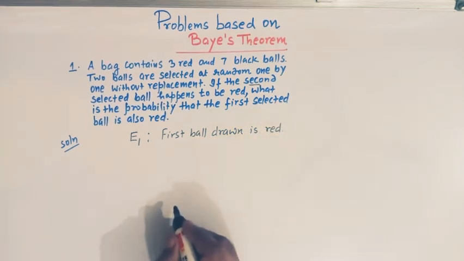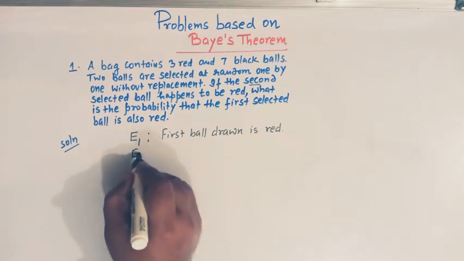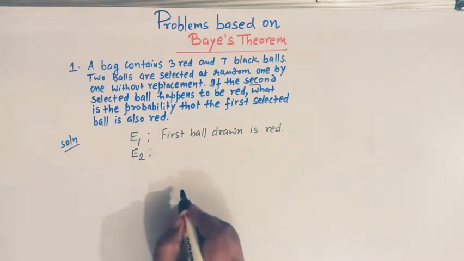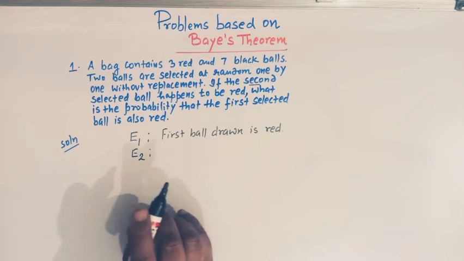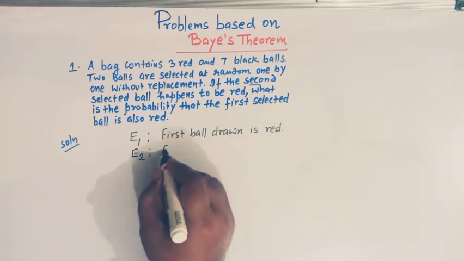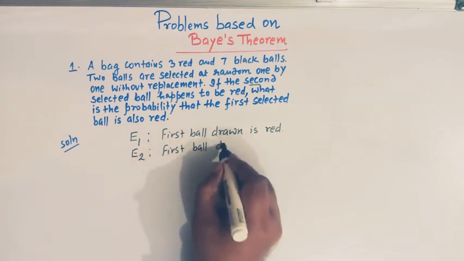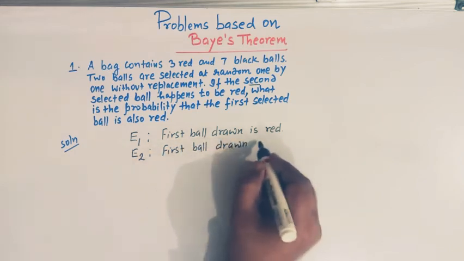Now let us consider the event E2, that the first ball drawn is black.